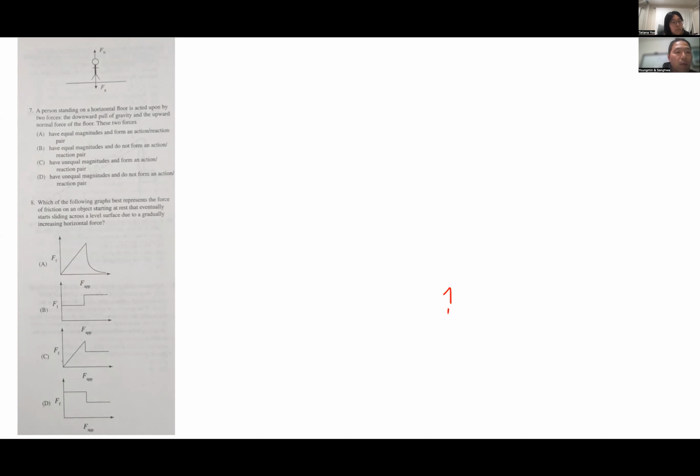B, have equal magnitude and do not form an action and reaction pair. C, have unequal magnitude and form an action and reaction pair. D, have unequal magnitude and do not form an action and reaction pair. Which one do you think is the answer?